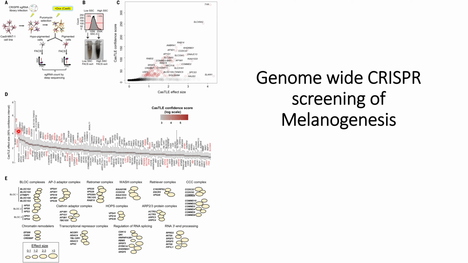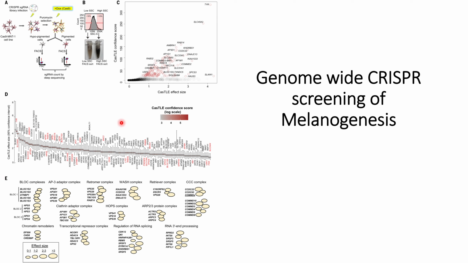They have highlighted in red the genes that have already been reported in the literature as responsible for melanogenesis, and the black genes are the genes that were unidentified before and are responsible for melanogenesis.